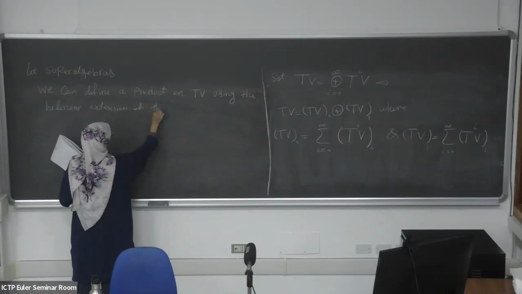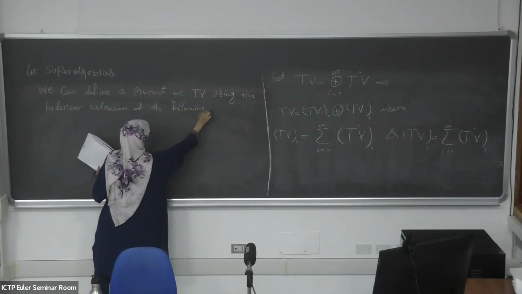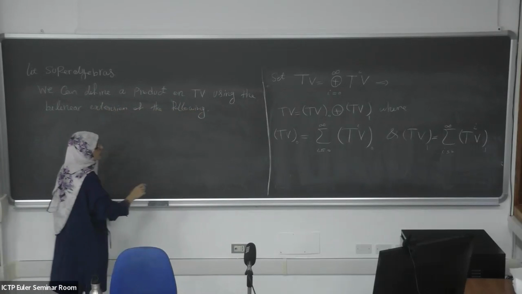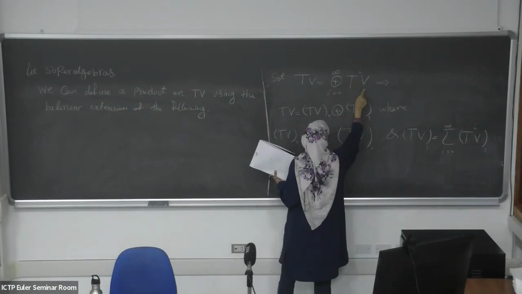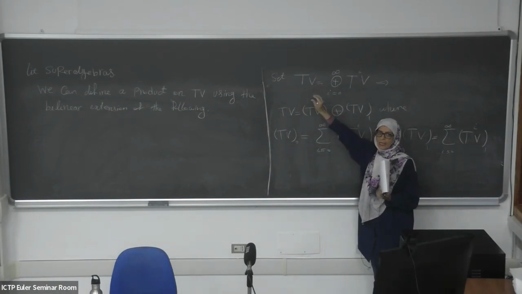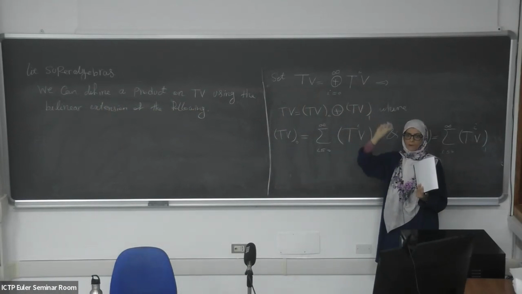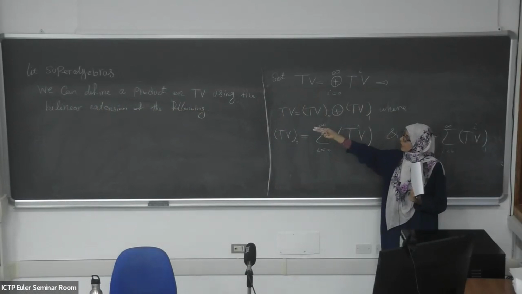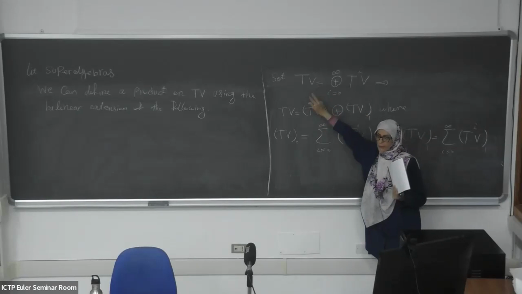My TV is a direct sum of T^i V. So if I want to define a product on TV, it is enough to take some element of T^i V, some element of T^j V, and tell you what is the product, and then I bilinearly extend it to the entire TV, right?